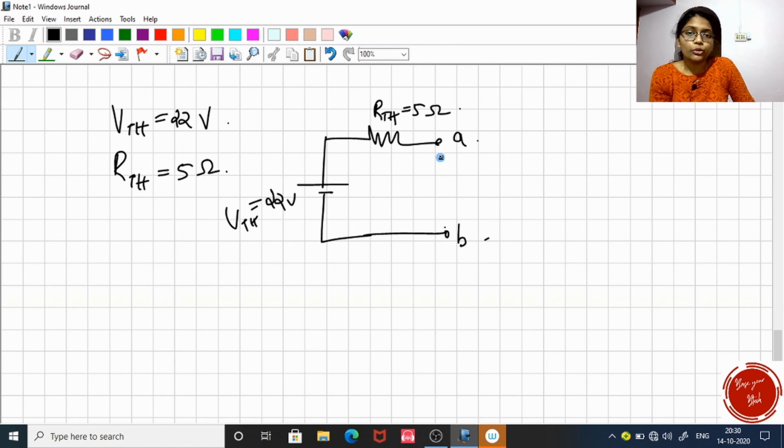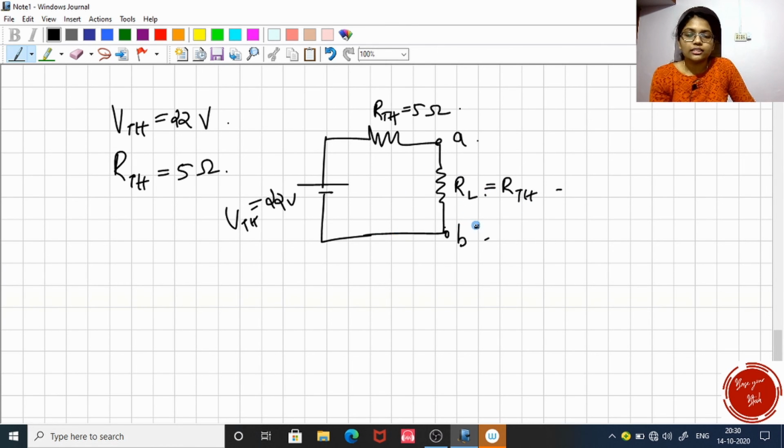Let me add one more note. If I place a load resistor RL across this AB, and I need to get the maximum power across this RL, then the value of RL must be equal to RTH. That is, we get the maximum power out from a load when the load resistor is equal to the Thevenin's resistor.